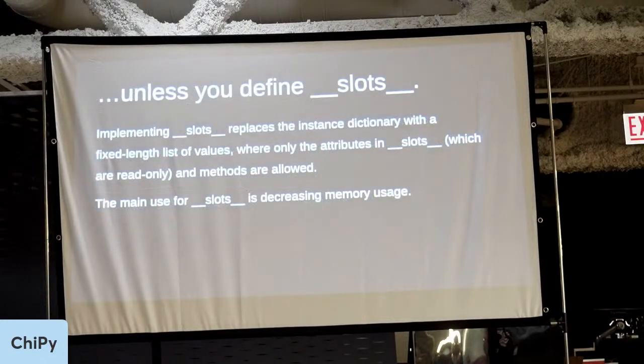So that's great, unless you define a thing called slots, where we replace the instance dictionary with a fixed length list of attributes, and these are the only attributes allowed in the class, other than methods. Let's have a look at that.